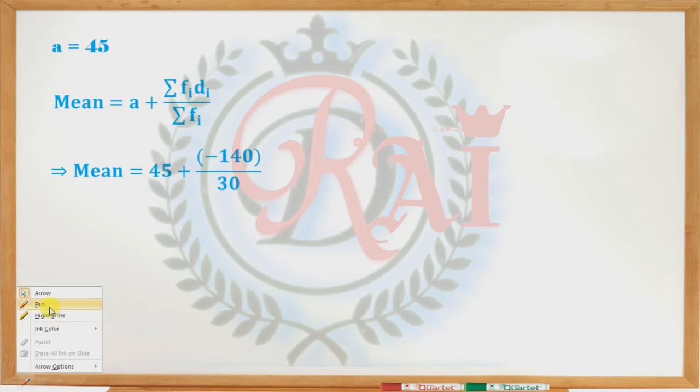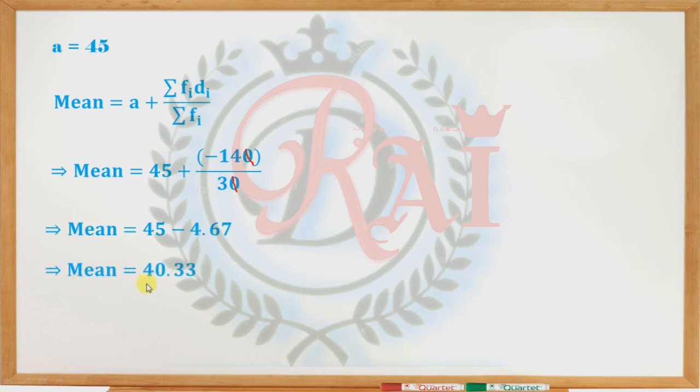Here this 0 and this 0 will get cancelled. 45 plus into minus is minus. 14 divided by 3 is 4.67. Be careful, we need to give the answer up to 2 decimal places. Now 45 minus 4.67 is equal to 40.33. So our mean is equal to 40.33.